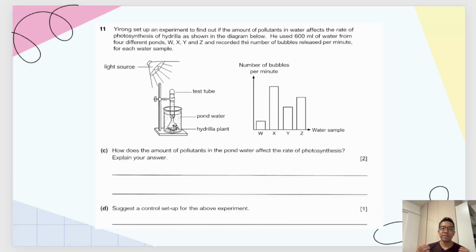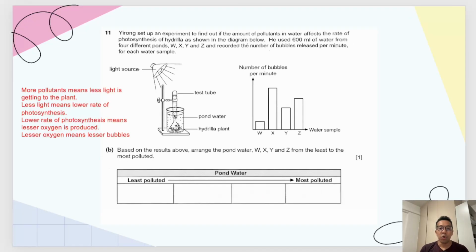Next, for part C, the question asks, how does the amount of pollutants in the pond water affect the rate of photosynthesis? Again, we have already covered this earlier. So, more pollutants means that lesser light from the light source will reach the plant. Lesser light means slower rate of photosynthesis.